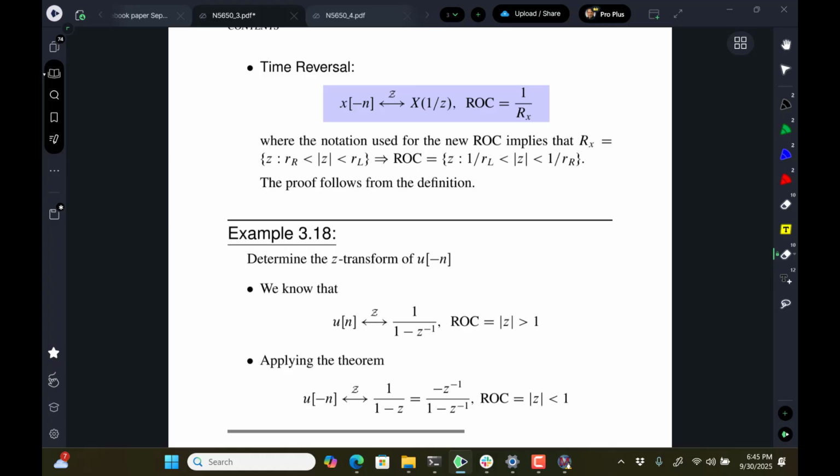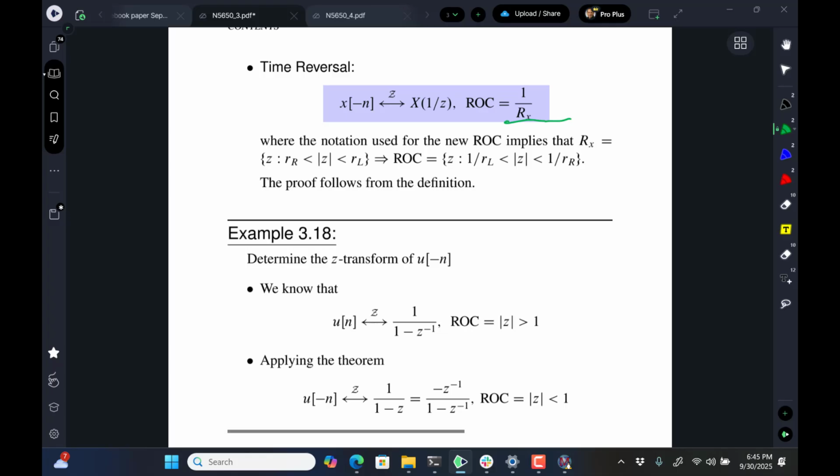If you reverse a sequence and want to compare it to the unreversed sequence, so if you have x of minus n, that's equivalent to taking x of 1 over z. So you're inverting the z, you're making it 1 over z. What was on the inside in the z-plane is now outside the unit circle, and what was on the outside is now on the inside. So the region of convergence becomes 1 over the original region of convergence.